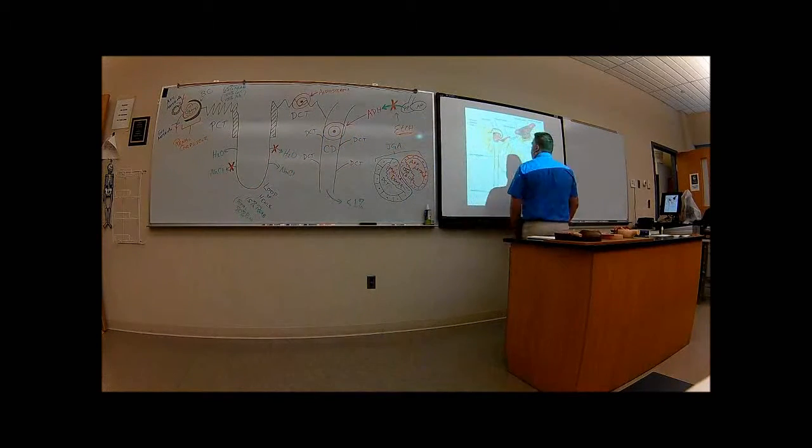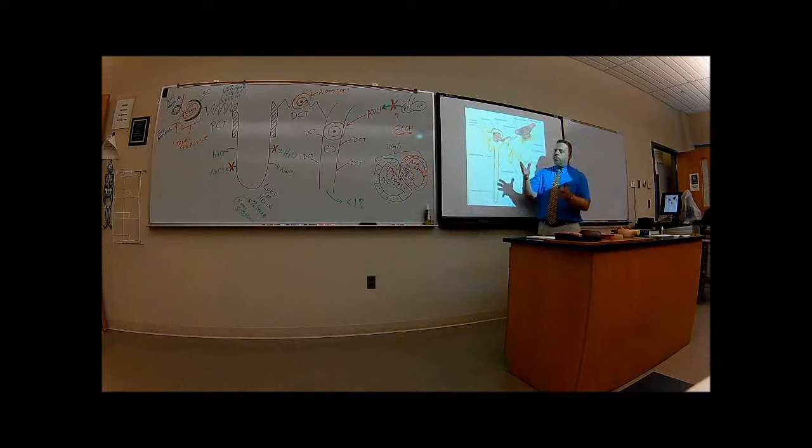So this is what's happening here, so you can appreciate it a little more. There's the Bowman's capsule, PCT, loop of Henle, DCT. Here's the afferent arteriole, glomerulus, efferent arteriole. This is where it's touching, and there's a close-up of it.